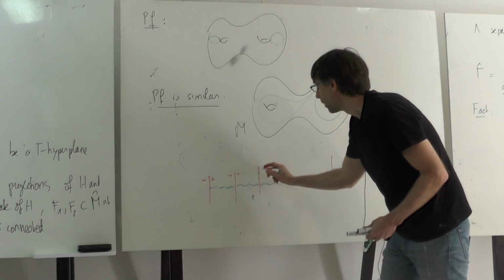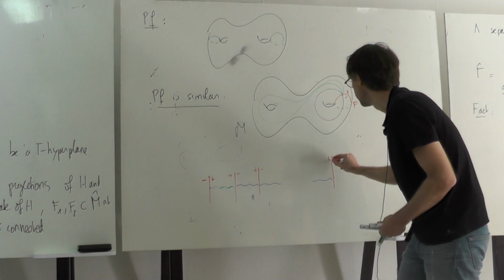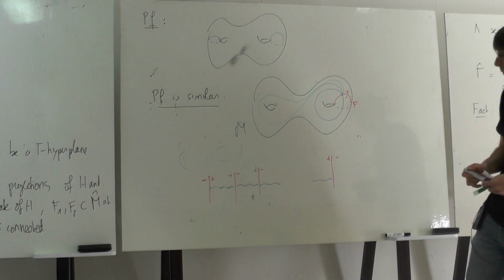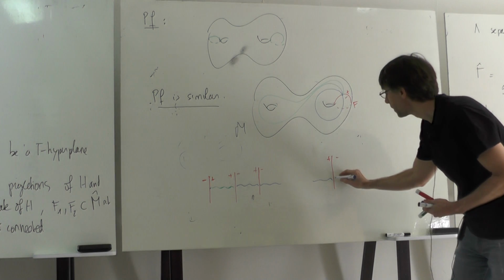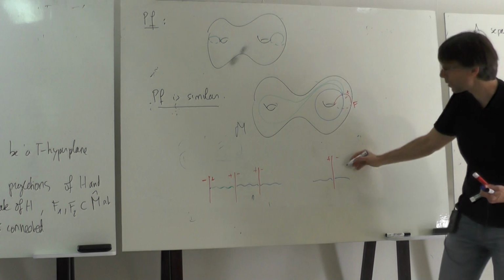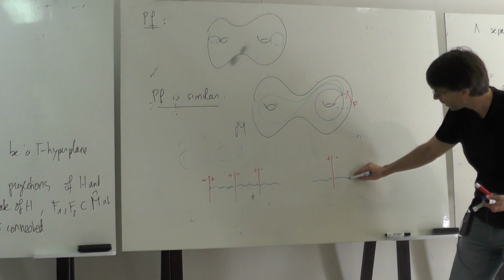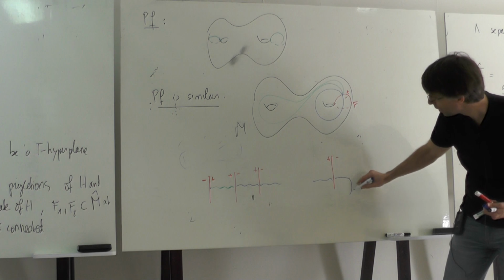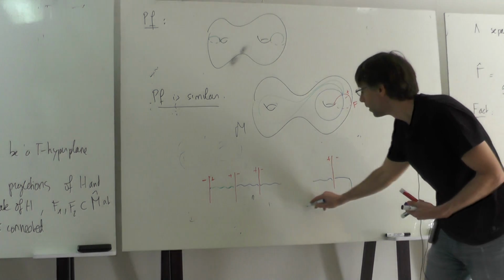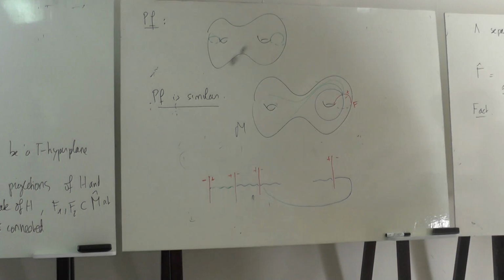So each time you change like this, and at some point you have to close. But because it goes from one component to another, you have to go somewhere before here.